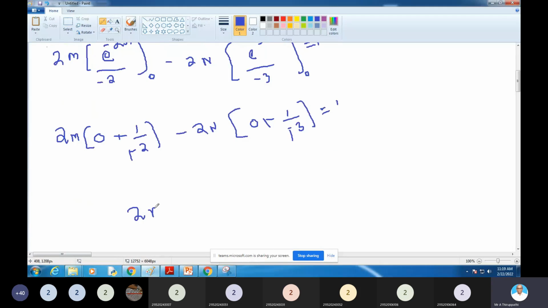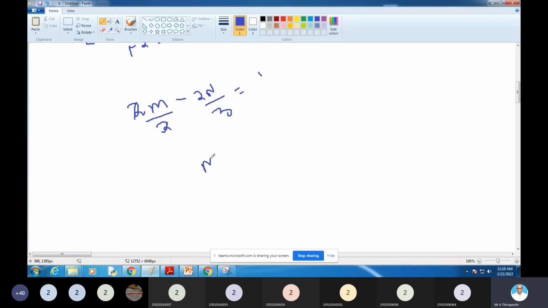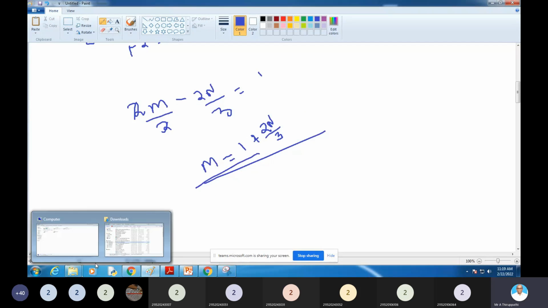So 2m minus 2n by 3 is equal to 1. 2m by 2, the 2 cancels, so m is equal to 1 minus 2n by 3. Bringing it to the right hand side, it becomes plus 2n by 3. So m is equal to 1 plus 2n by 3. This is the answer.